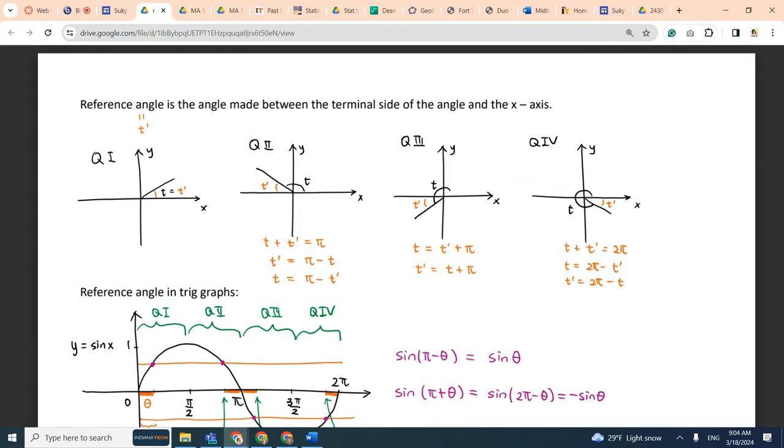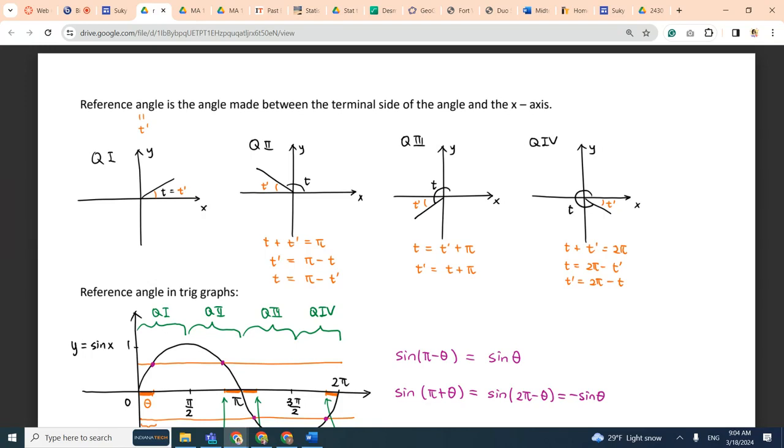And you realize that the reference angle is always an acute angle. What is an acute angle? Between 0 and 90 degrees, right? So in the second quadrant, you see t plus t prime equals pi. Do you all see that, everybody?